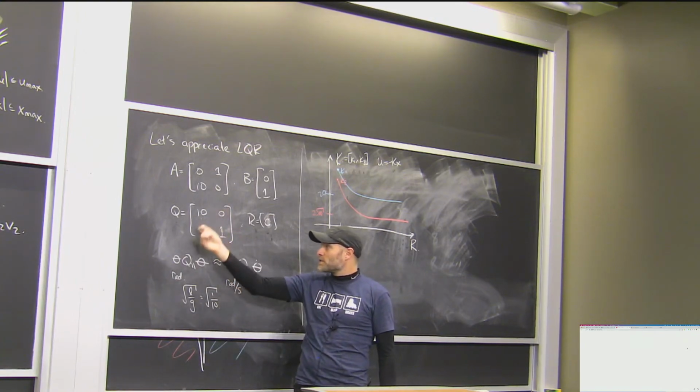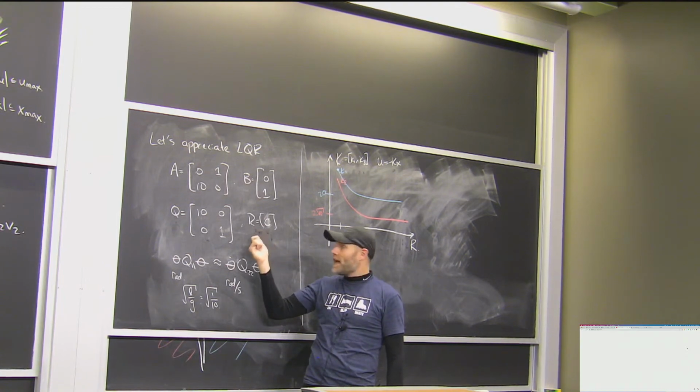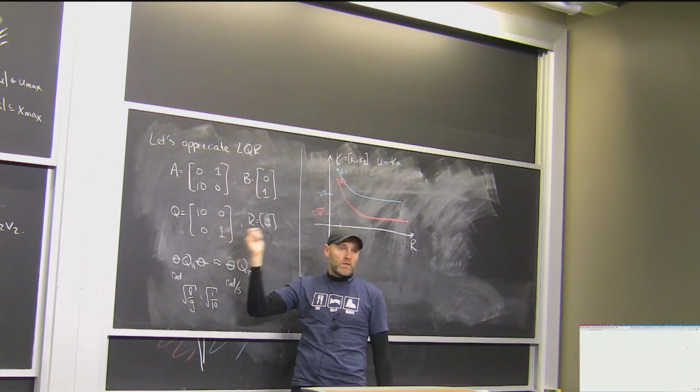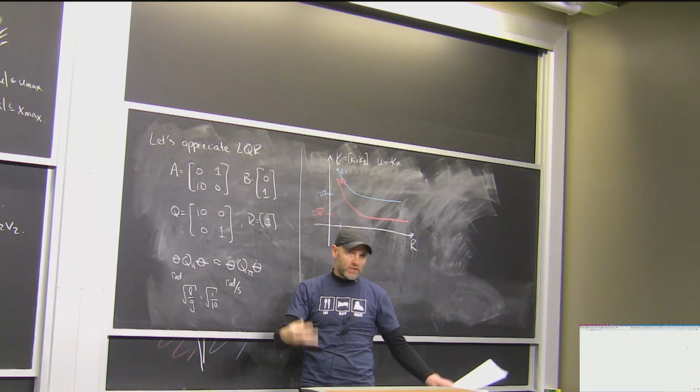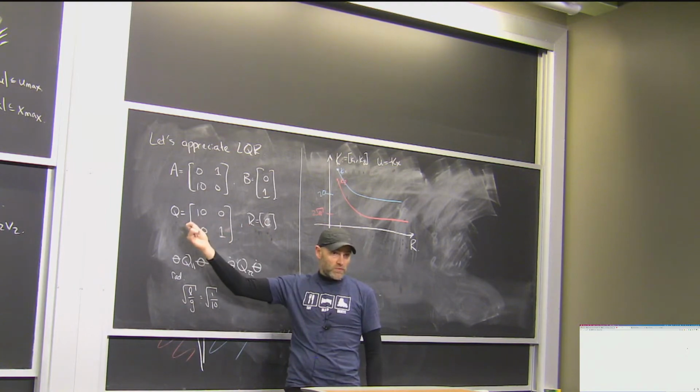All I have to worry about with Q and R is that they're positive definite. That's a much easier thing to think about. So any positive definite Q and R will give me a stabilizing controller, assuming my model's right and those kind of things. So LQR is doing a pretty awesome thing for you.